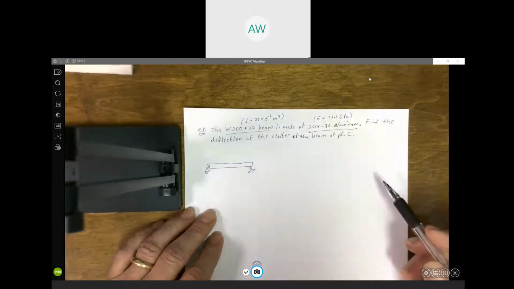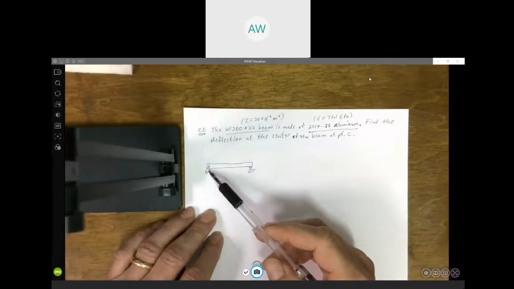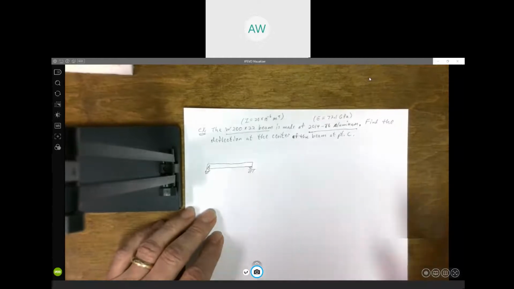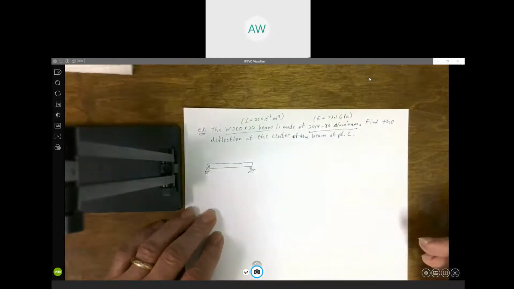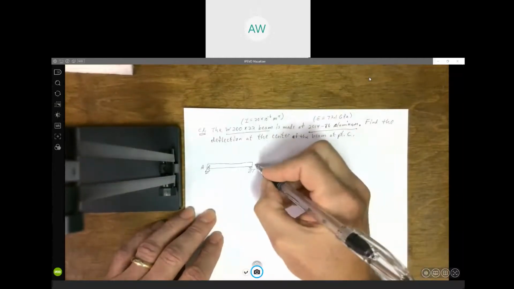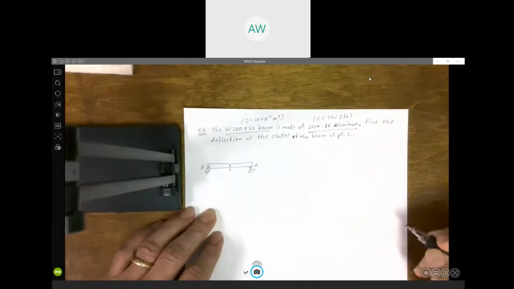But it really does not matter at all which one is which. So if you see a problem in the book where the roller's at the left end and the pin's at the right end, that does not change anything. It behaves exactly the same. And this is A, this is B, and C is right in the middle.